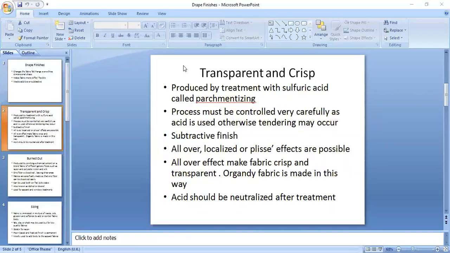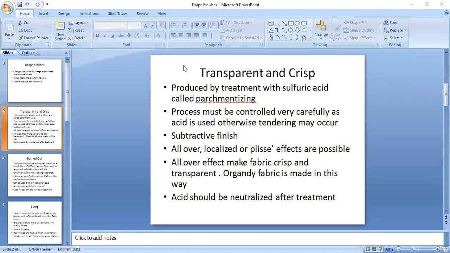The fabric is then dyed or printed with colors that resist acid damage, because in parchmentizing the fabric is going to be treated with acid. Then the fabric is immersed in the acid solution and the fiber surface is partially dissolved.